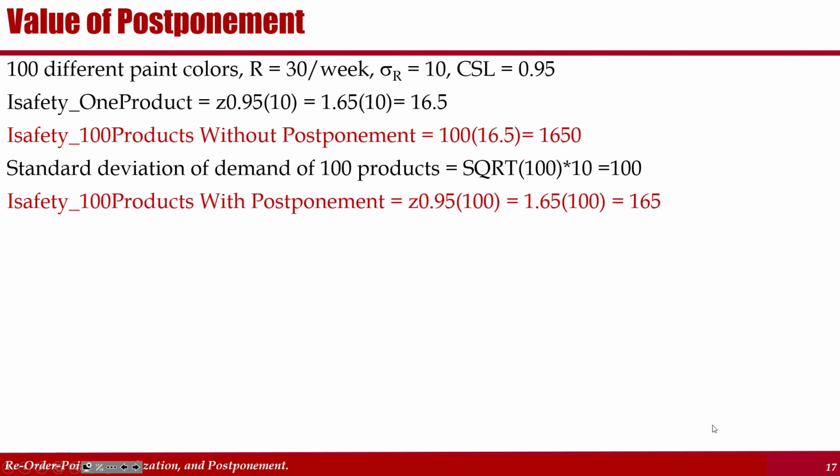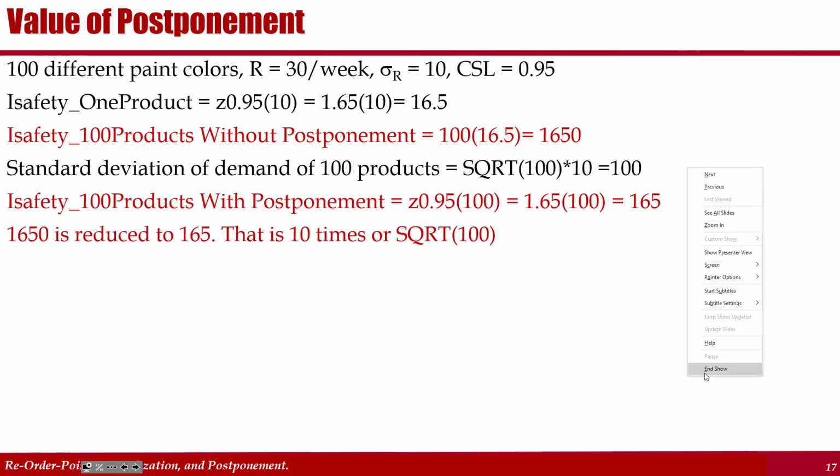And if we multiply by Z of 95%, which is 1.65, that means we need a safety stock of 165 to have a service level of 95%. That is 1,650 compared to 165.